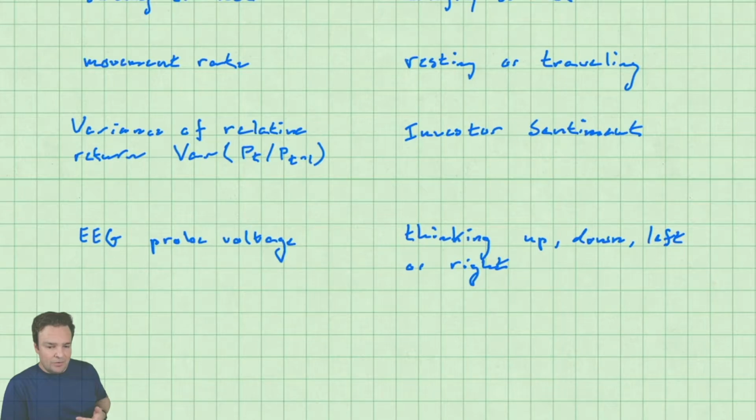Maybe they're just thinking up, down, left, or right, and you have to somehow judge this from the probe voltage. I'm not sure this is the best example, because maybe the thinking up, down, left, and right is relatively measurable, since you could tell the person think left, think right, and so on. But anyways, these are just some examples to get your creative thoughts going.